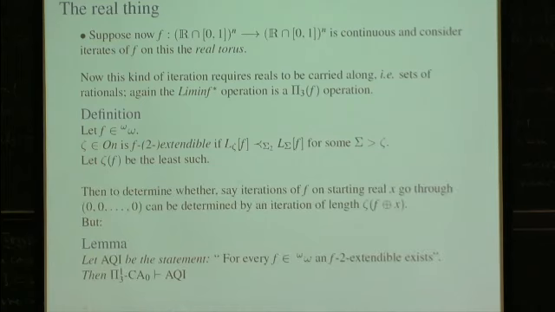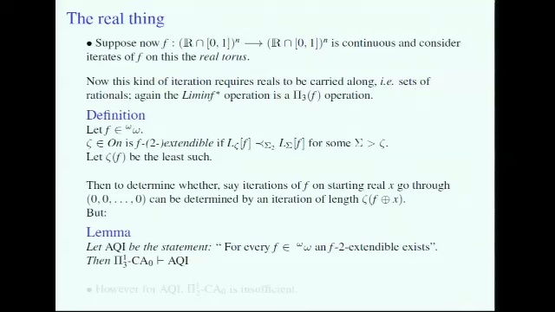Then it turns out that if you want to determine, say, the question whether the iterations of this f starting on some real x go through the origin at some point like this, then this can be determined by an iteration of this length here. Right?